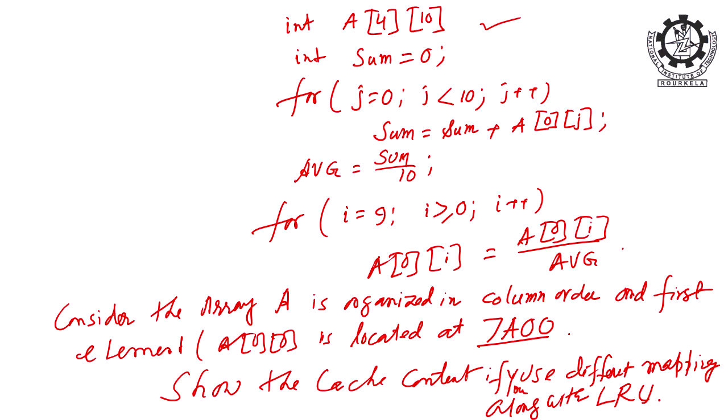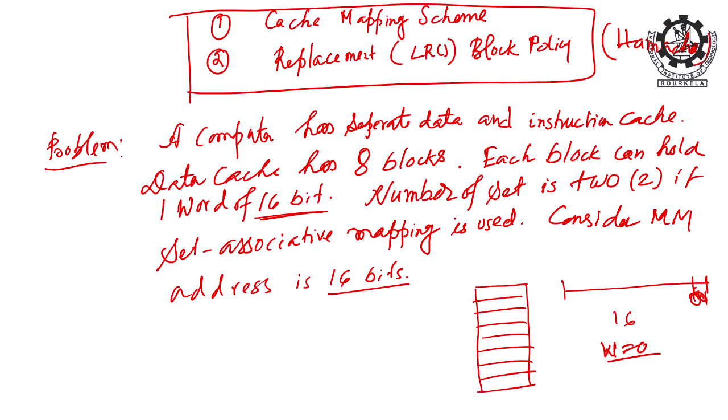And then another point is, it is in column order, and the first element is starting from 7A00. So, therefore, we can write it here. The first location is 7A00. If you write it in binary, this will be 0111, 1010, 0000, 0000, okay.